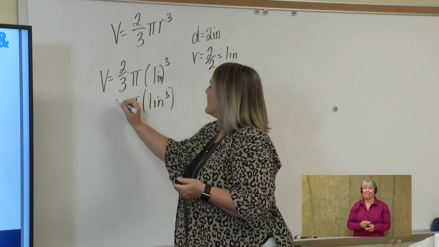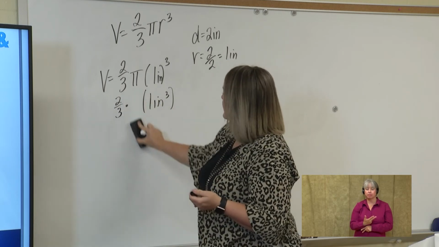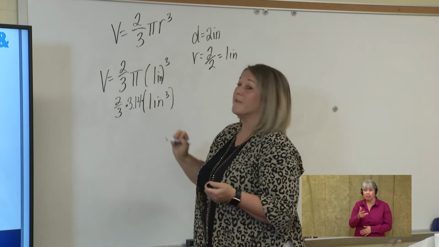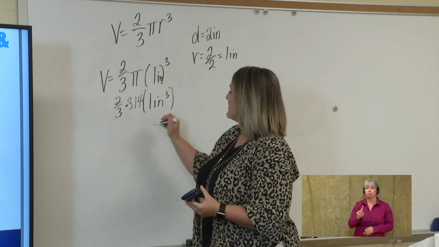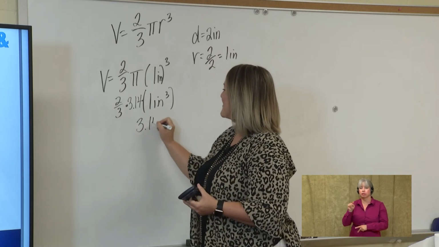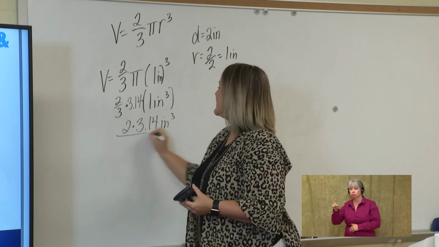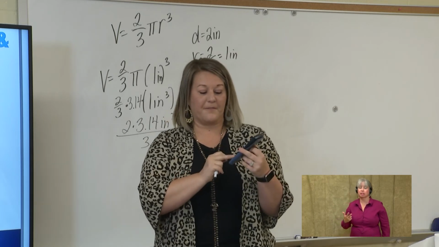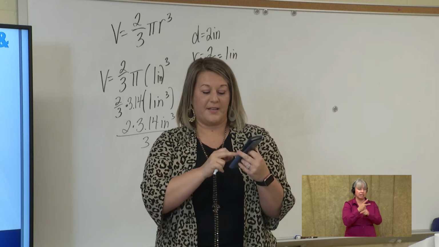Times our pi times our 2/3. And we remember that pi, if we're going to approximate it, is 3.14. So 1 times 3.14 would just be 3.14 times 2 divided by 3. So let's do 3.14 times 2 and divide that by 3.